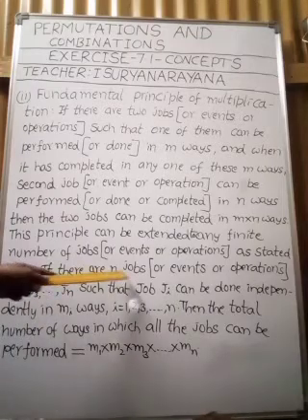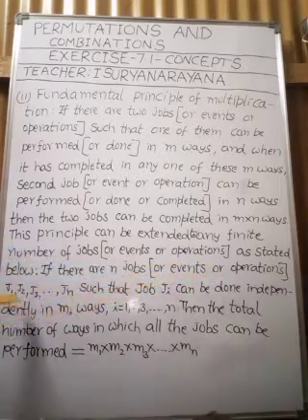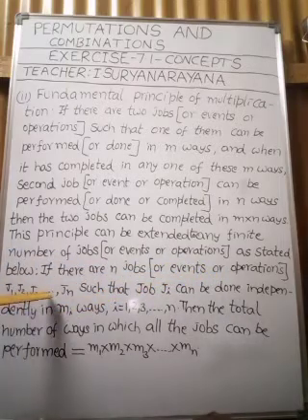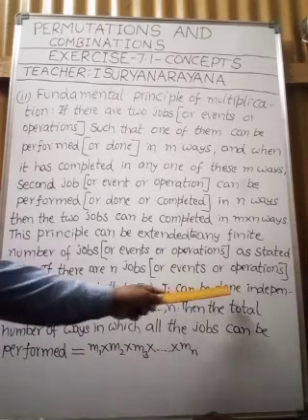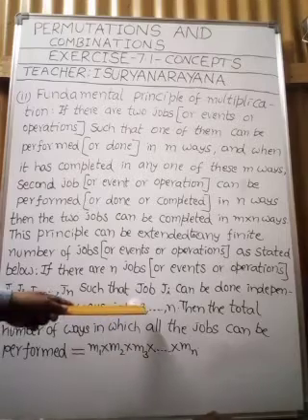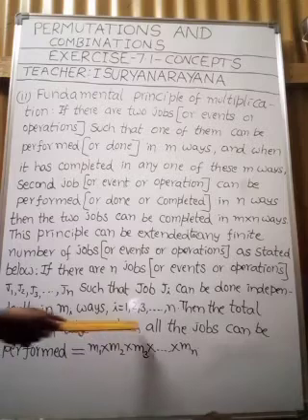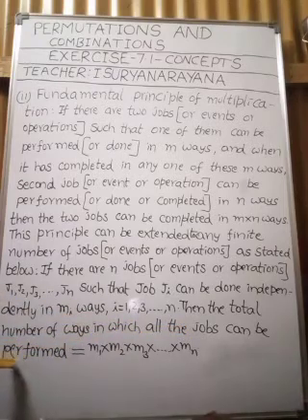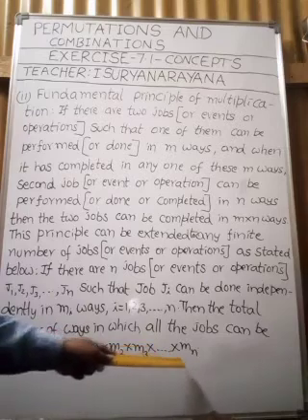If there are n jobs or n events or n operations, J1, J2, J3 and so on Jn, such that job Ji can be done independently in mi ways, where i is equal to 1, 2, 3, 4 and so on n, then the total number of ways in which all the jobs can be performed is equal to m1 into m2 into m3 and so on up to mn.